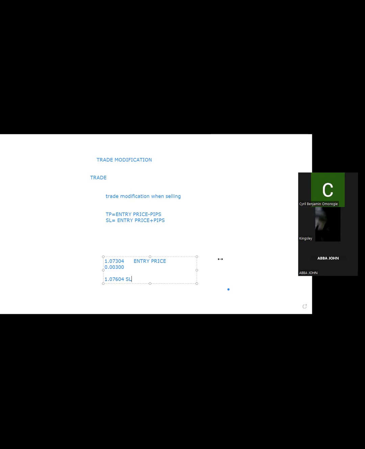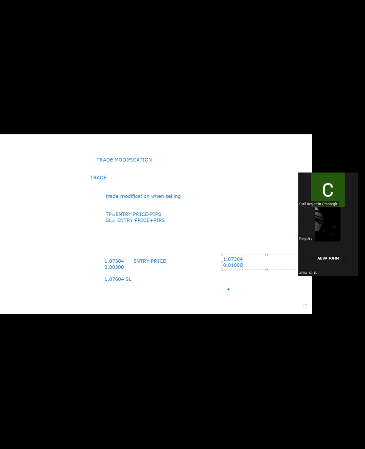And I said 100 pips. I'll still use the same entry price, 1.07304, plus what is 100 pips for this kind of currency pair? 0.0100. Good. So because I'm selling and I'm calculating take profit, I will subtract.